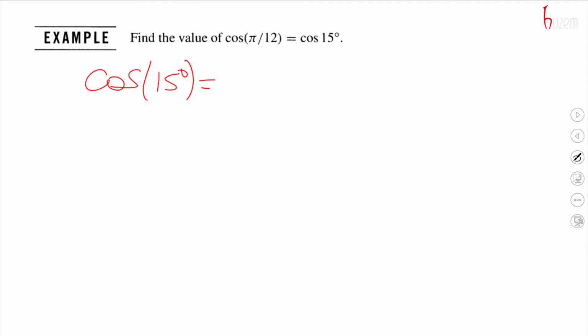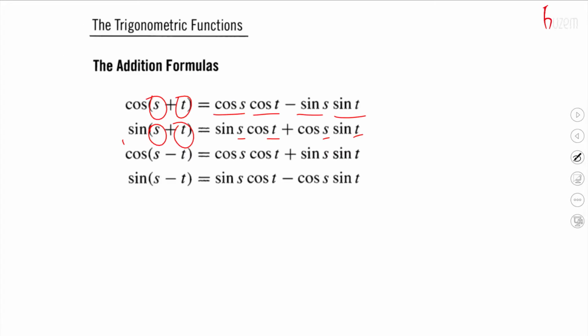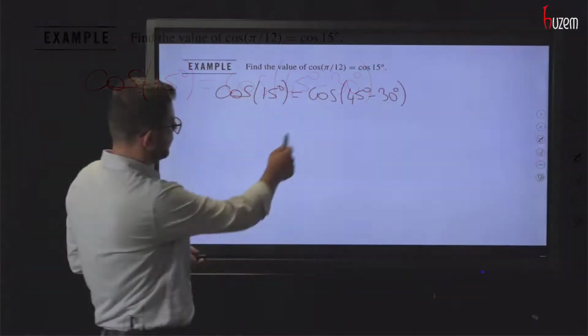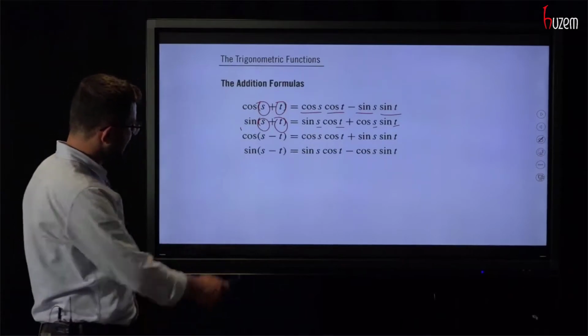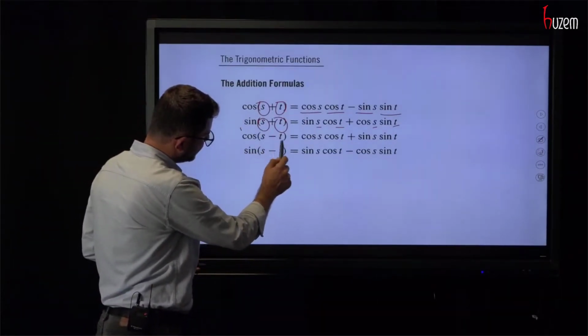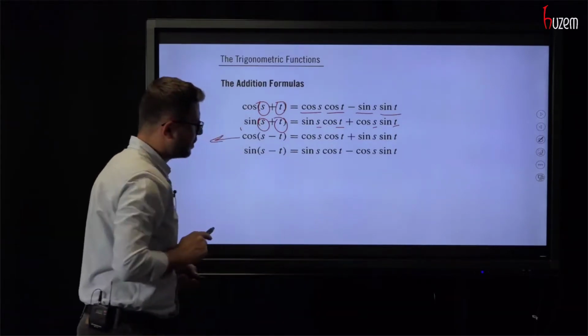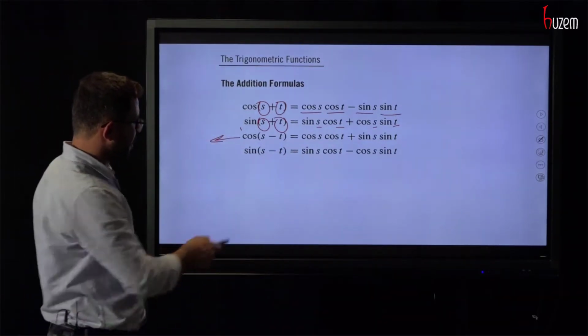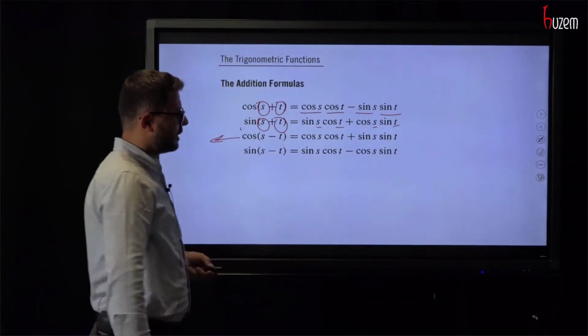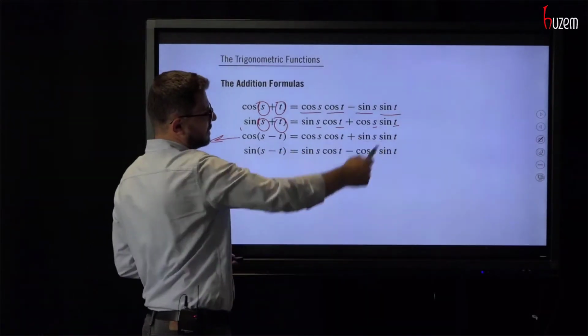So we can rewrite this as 45 degrees minus 30 degrees. So we are working with the third identity: cosine of the first times cosine of the second plus sine of the first times sine of the second.